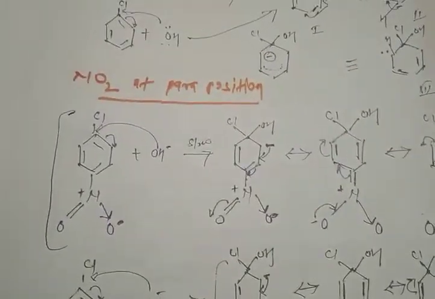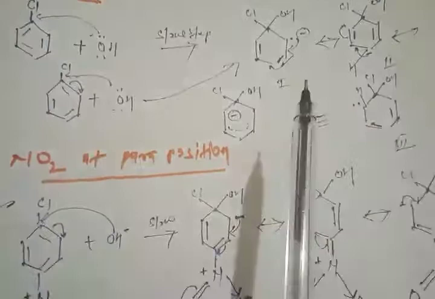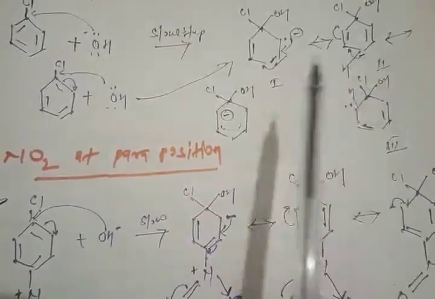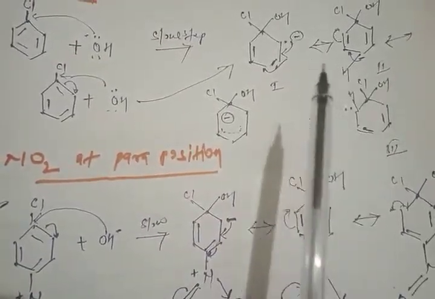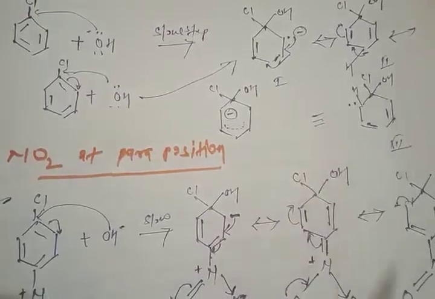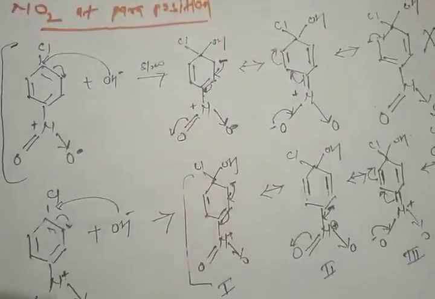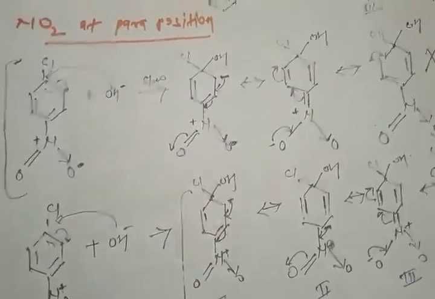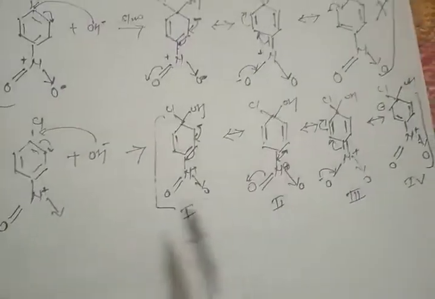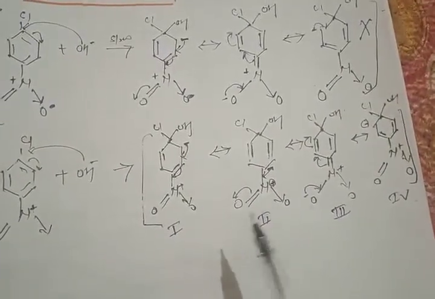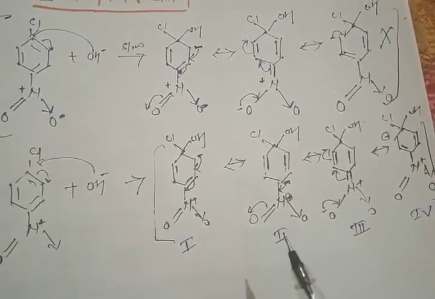So as you can see, in the case of chlorobenzene we have only three intermediate resonating structures. Okay, these are the three structures, first, second, and third. But in the case of para-nitrochlorobenzene, instead of three we have four resonating structures.